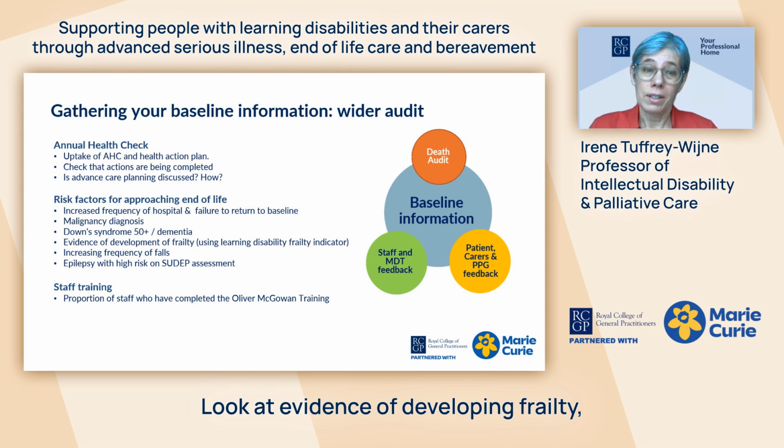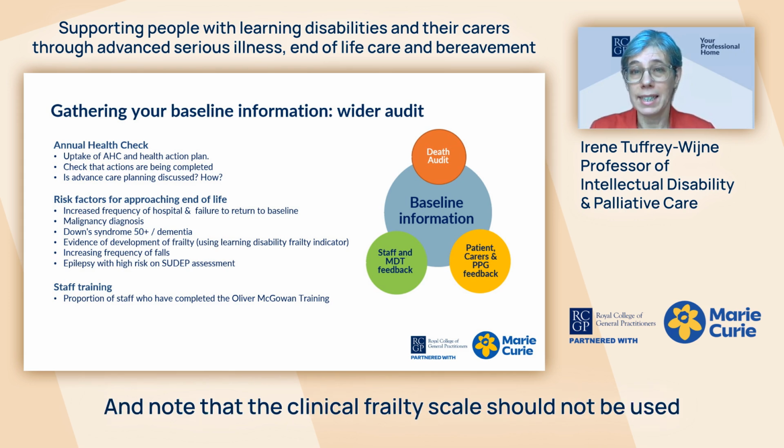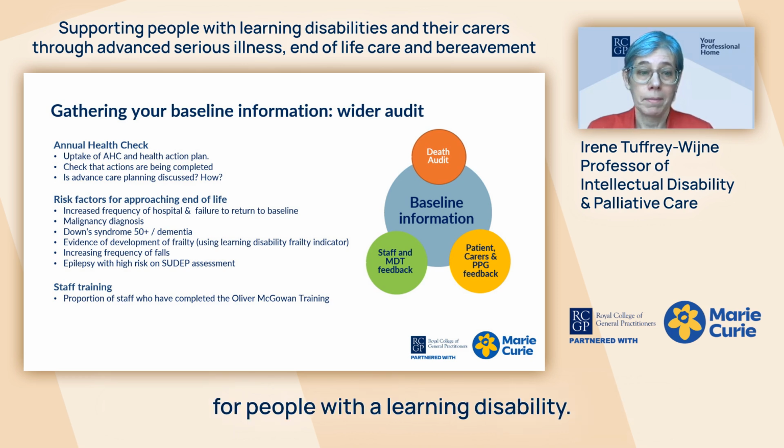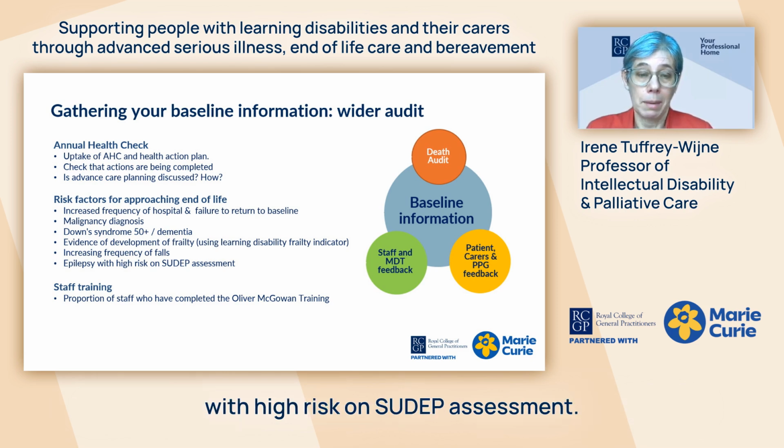Look at evidence of developing frailty, but do remember to use a learning disability frailty indicator, and note that the clinical frailty scale should not be used for people with a learning disability. Look for increasing frequency of falls and epilepsy, for example, with high risk on CDAP assessment.